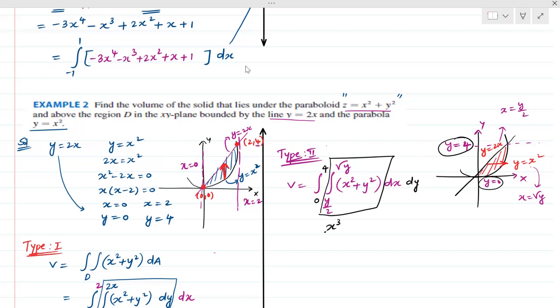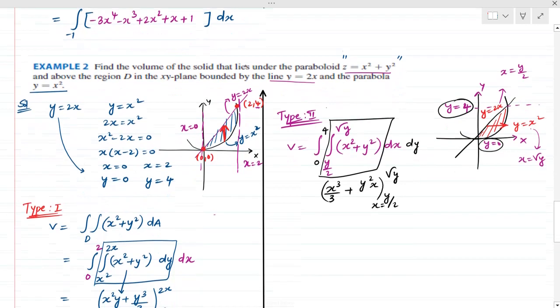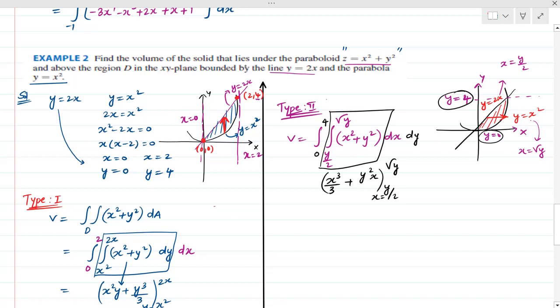x power 3 over 3 plus y square x, the limit is y over 2 to root y. In place of x you have to substitute root y. This is with respect to x. So here you will get what? y to the power 3 over 2 over 3 plus, if you substitute here y power half, it is y power 2 plus half.